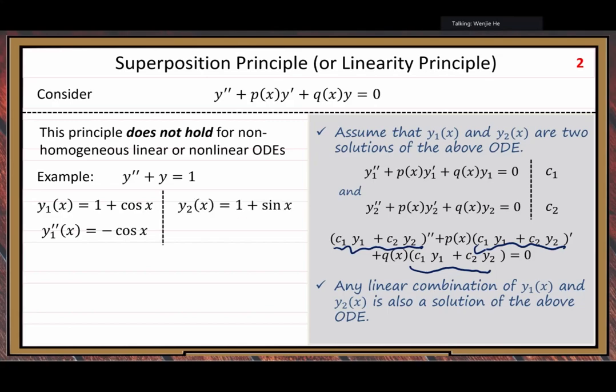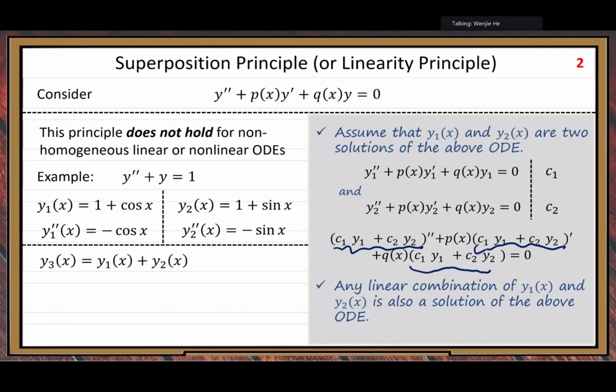y2, 1 plus sine x. Double prime, negative sine x, adding together equals 1. So y2 is also a solution. Then, linear combination. Let's just add y1 plus y2 and see if it's a solution.